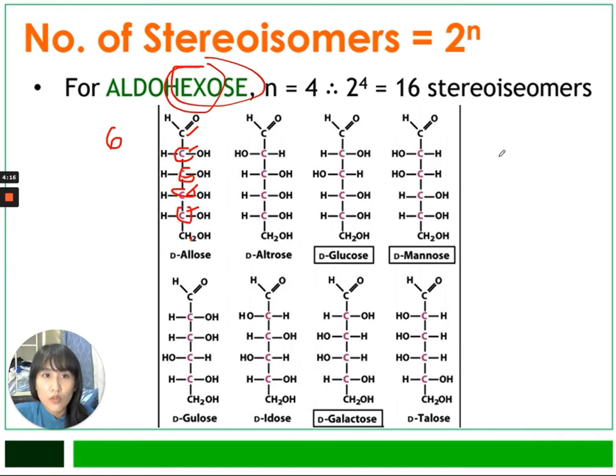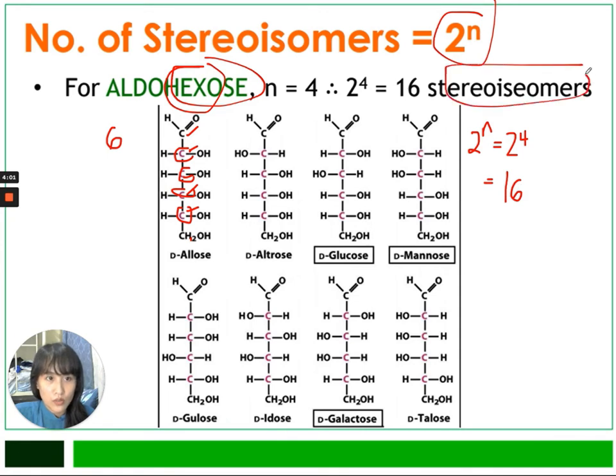If you apply that in the formula, 2 raised to n is equal to 2 raised to 4, which will give you 16 stereoisomers. The same applies with the other aldohexoses here, like D-altrose, D-glucose, D-mannose, gulose, idose, galactose, and talose. Again, they all have 4 chiral centers, so they will give you 16 stereoisomers.